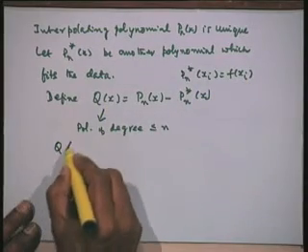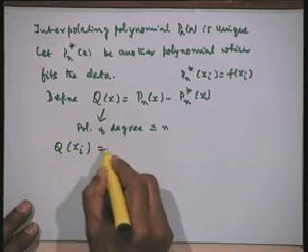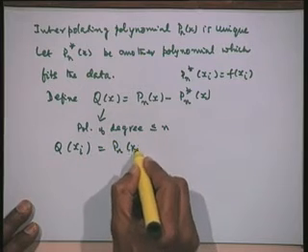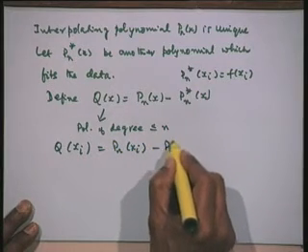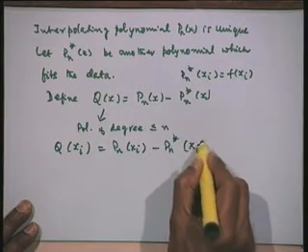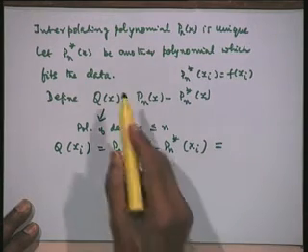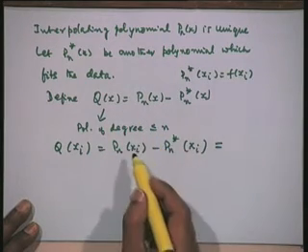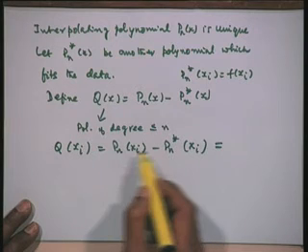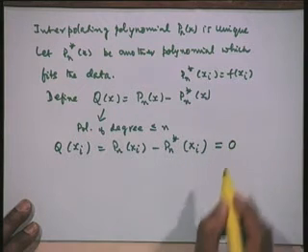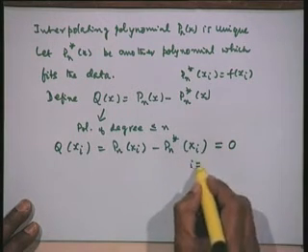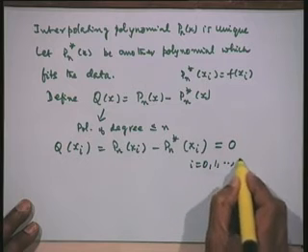Therefore, q at x i is equal to p n at x i minus p n star at x i. Both the polynomials are fitting the data, therefore, this is f x i, this is also f x i, therefore, this is equal to 0 for i equal to 0, 1 to n.